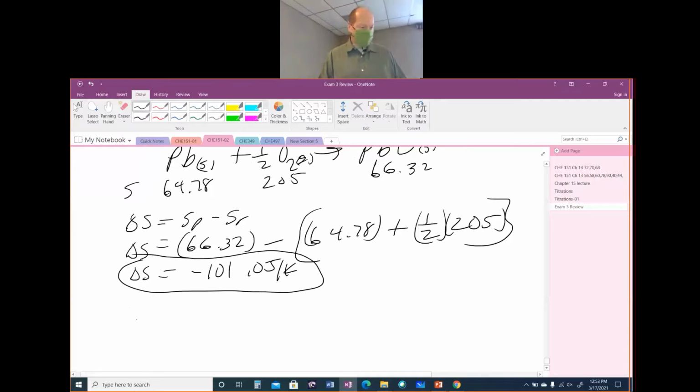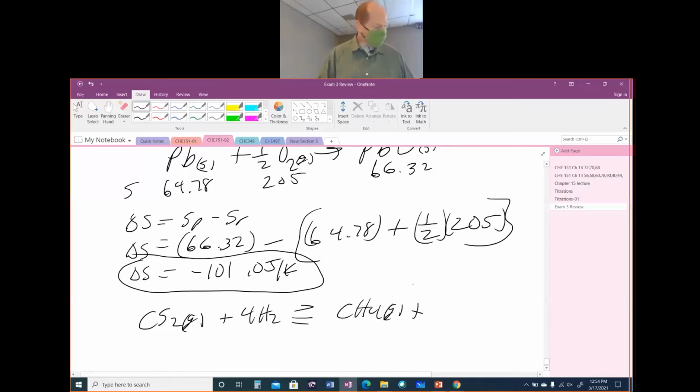Then part C, CS2 plus 4H2 goes to CH4 and 2H2S. So here you've got 5 gases going to 3 gases.